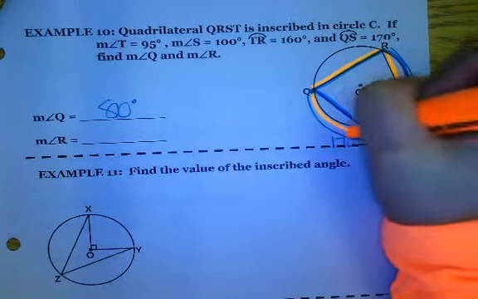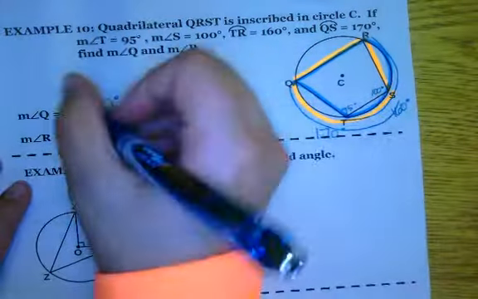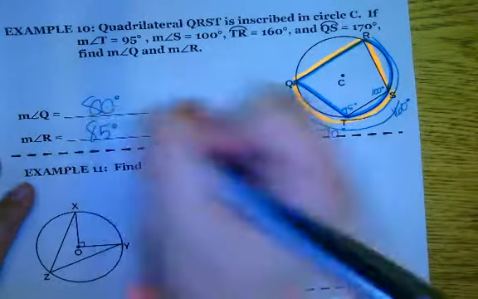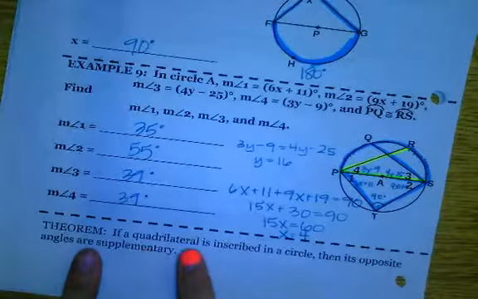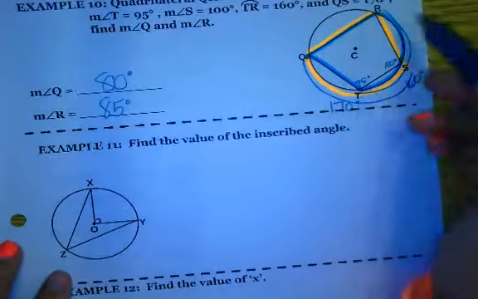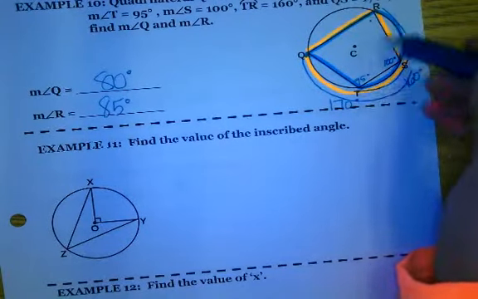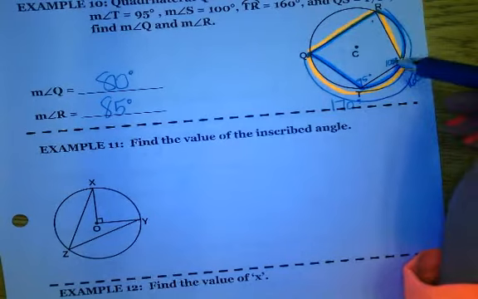But like Monica and that table over there were saying, the theorem we just looked at says if a quadrilateral is inscribed in a circle, its opposite angles are supplementary. So if this is 95, this has to be 85. This is 100, this one has to be 80. So you're just looking at more than one avenue to solve a problem.